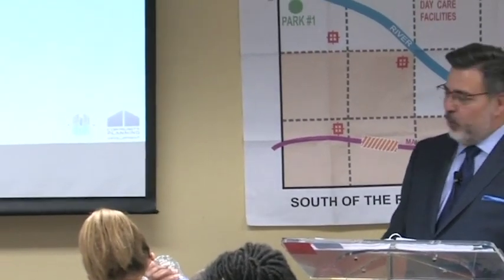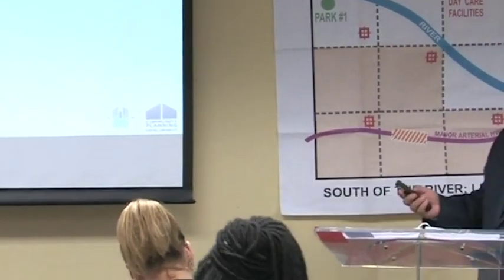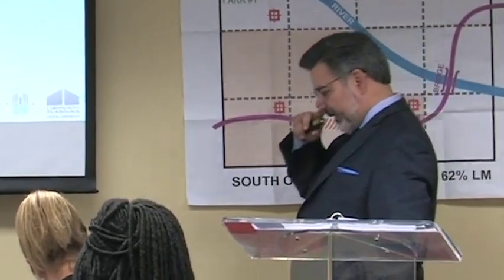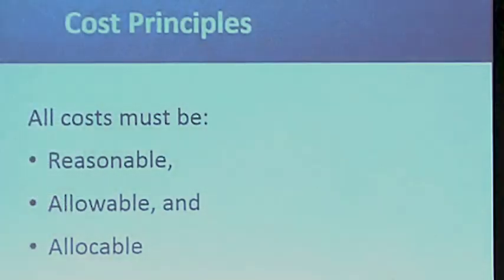Okay. And we'll talk about all these 3 in the next few slides, but those are the questions you should be asking yourself. Is it reasonable, right? Is it allowable? And can I allocate it to a specific account? Did I budget for it? Because if you didn't, then you can't allocate it to anything, okay?